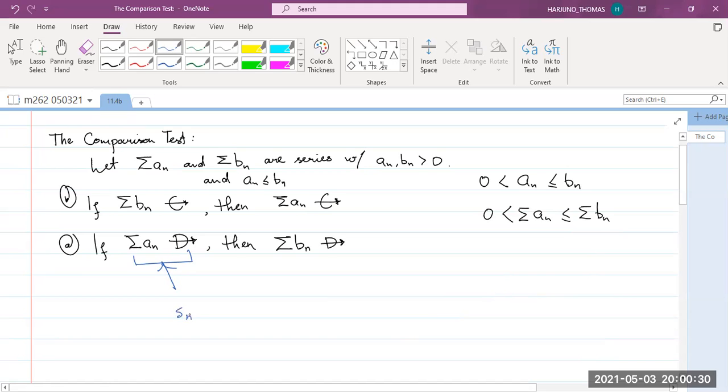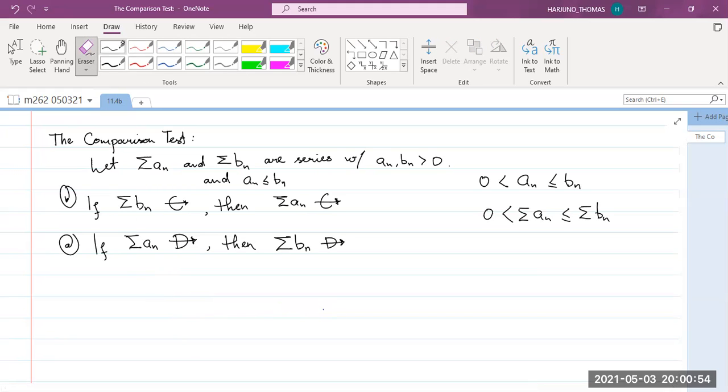So the nth partial sum here is increasing because the sequence is positive. Now, if it is increasing and becomes divergent, it can only increase to infinity. Okay, that's for the comparison test.